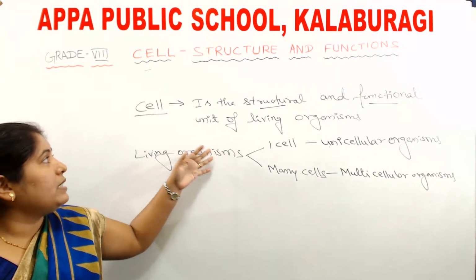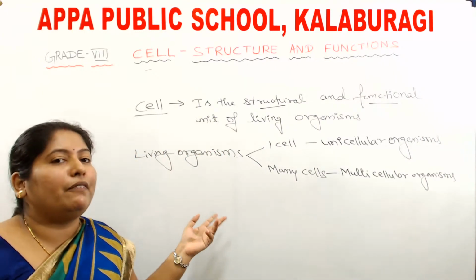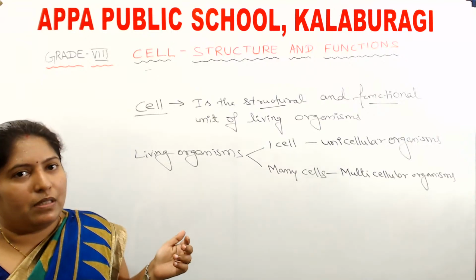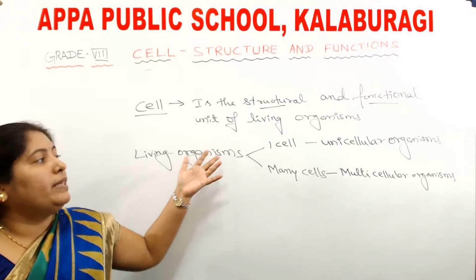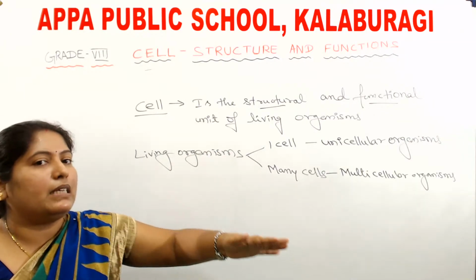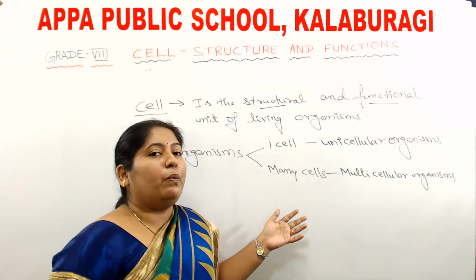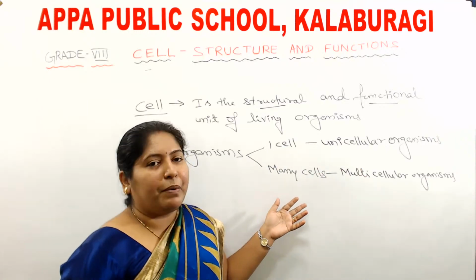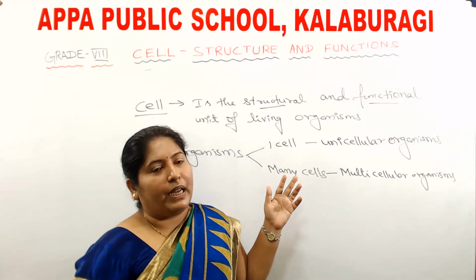So you came to know that the presence of cells also is going to be helpful in the division of the living organisms. Division of the living organisms can be done upon the basis of the number of cells present in them. Maybe one cell, unicellular organisms, more than one or millions of cells at a time, then they are called as multicellular organisms, right?